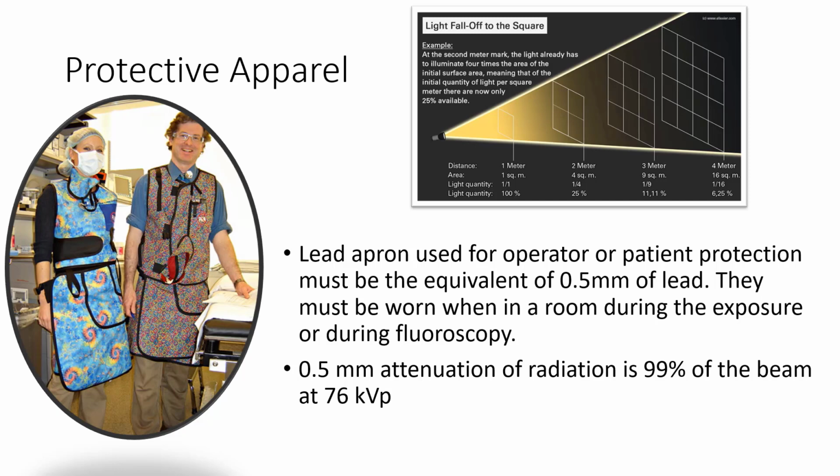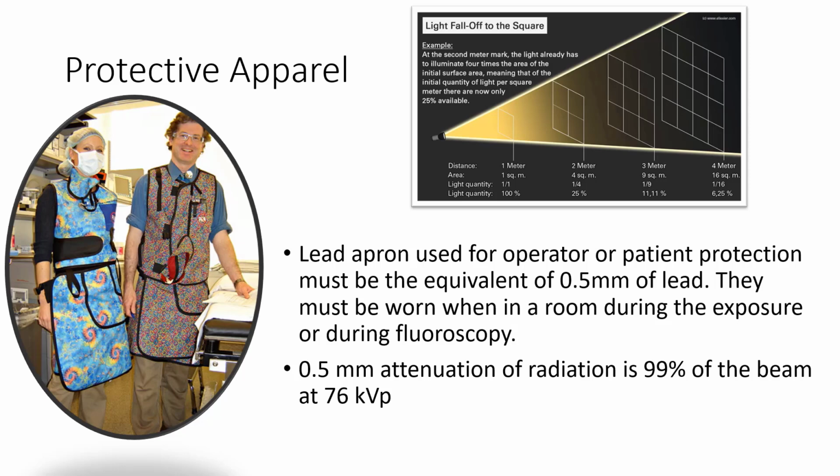Now, remember the important part. The radiation that the occupational worker is going to be exposed to is Compton scatter, which is emitted from the patient. And there is a very, very low amount of scatter emitted from the patient.